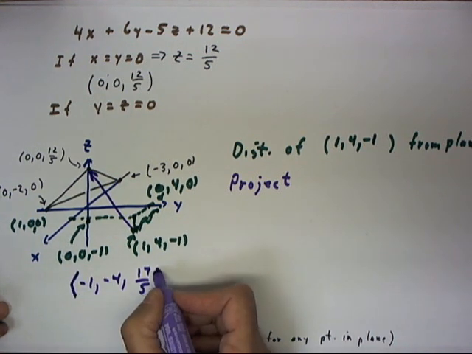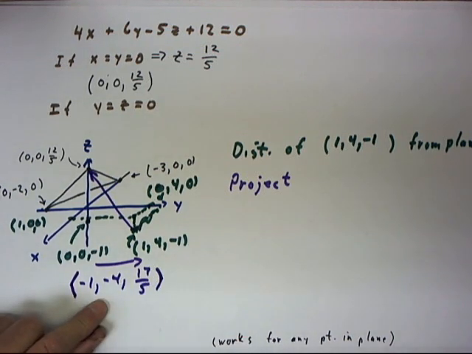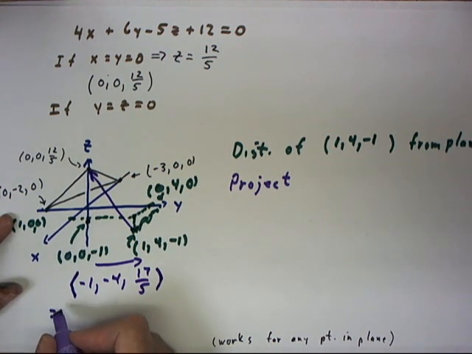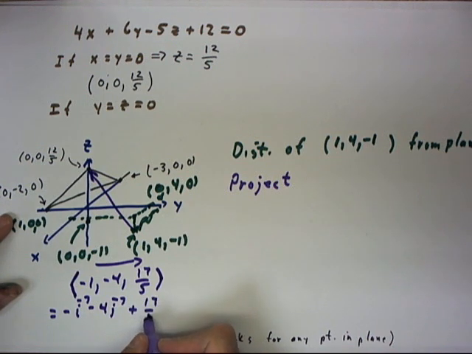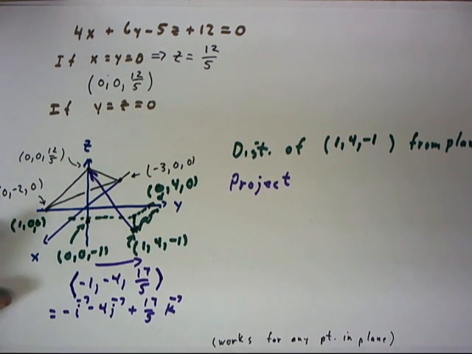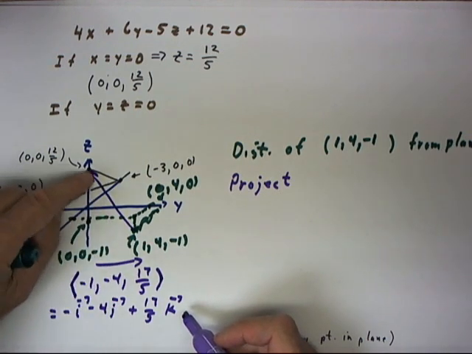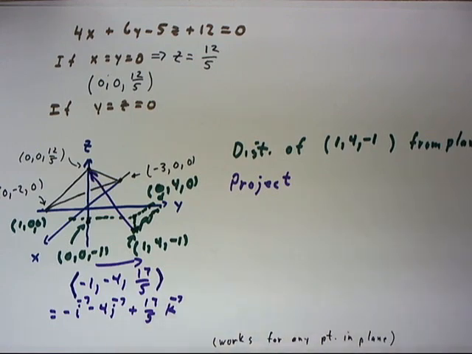Let's make those braces pointy to indicate that this is a vector, and for good measure, let's put an arrow over the top of it. And in i and j terms, that would be negative i minus 4j plus 17 fifths k. Now, this vector is not perpendicular to this plane. At least I seriously doubt that it's perpendicular.